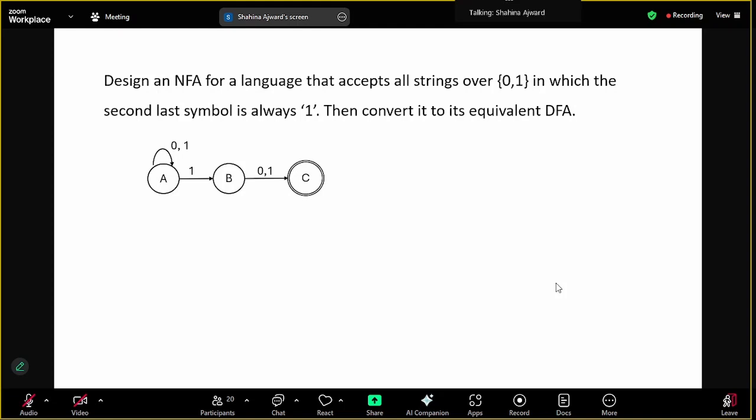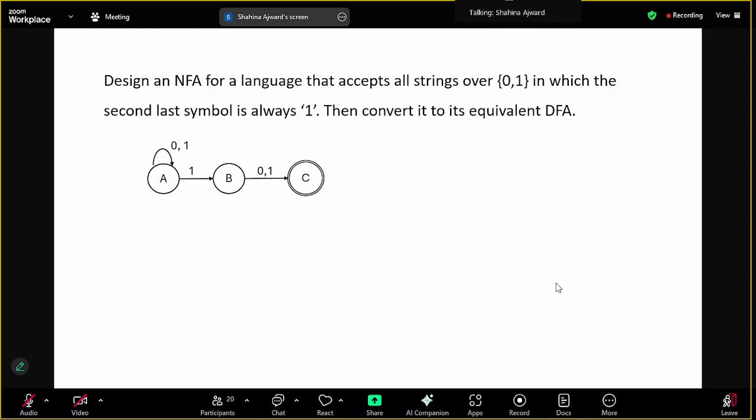So in this question, all the accepted strings should have a minimum length of 2, right? So the second last character, that means we can have either 1, 0, right? From the second last character, 1, 0 is also possible, 1, 1 is also possible.